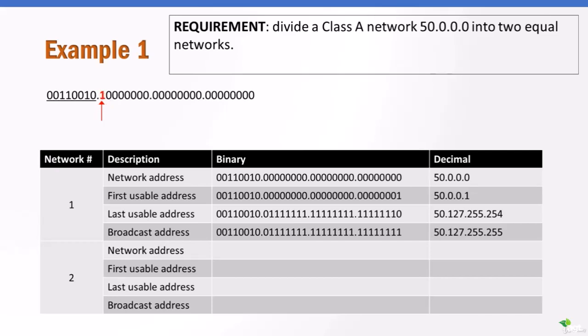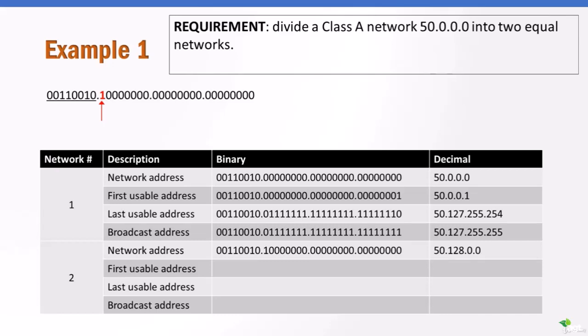If this is 1, our network address is going to be the first 8 bits, the first octet, still the same, but then the 9th bit is going to be 1. And then the rest of the bits for the network IP address are going to be zeros. And in decimal numbers, that's 50.128.0.0.